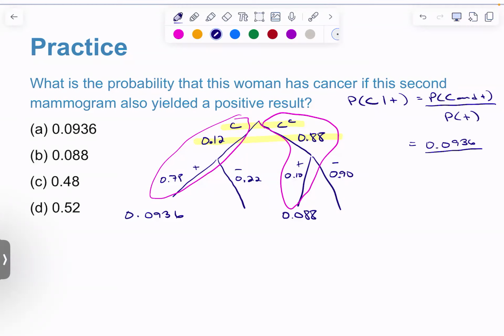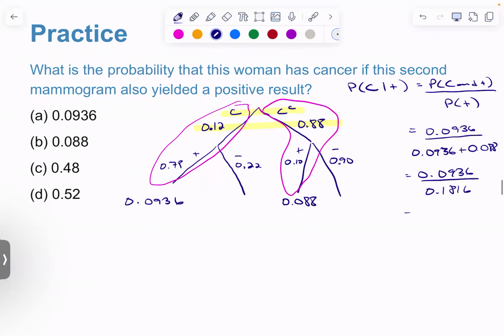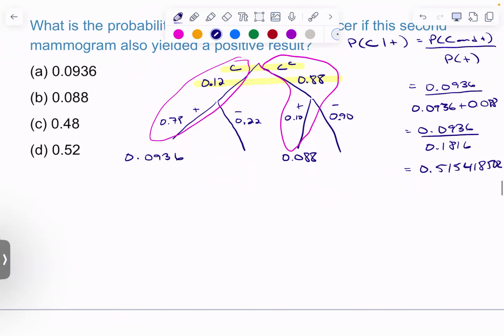And then testing positive can happen in two ways, so 0.0936 plus 0.088 makes 0.1816. 0.0936 divided by 0.1816, I get 0.515418502, blah, blah, blah, or roughly 52%.